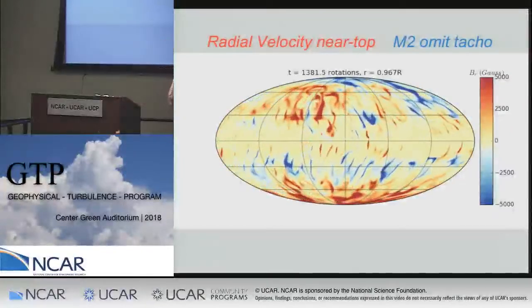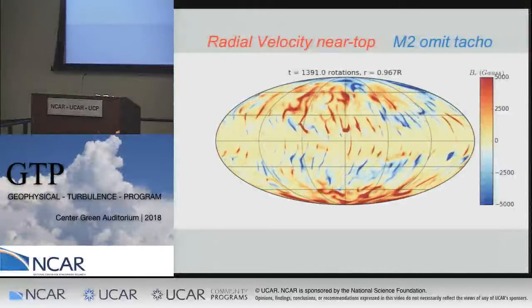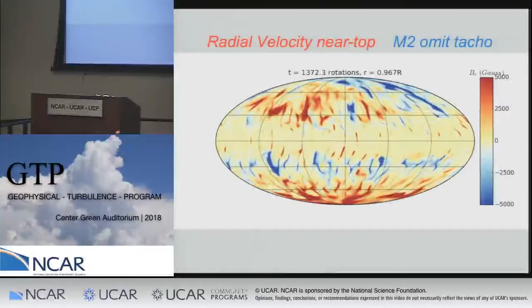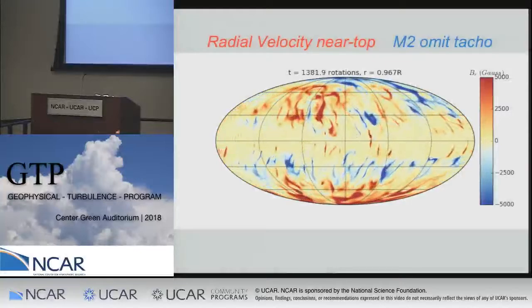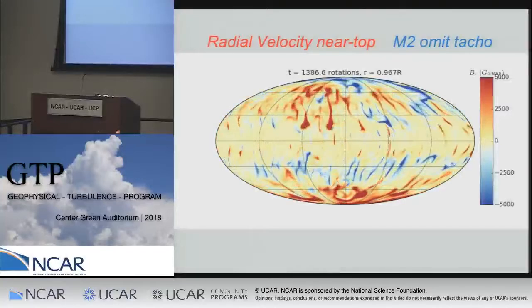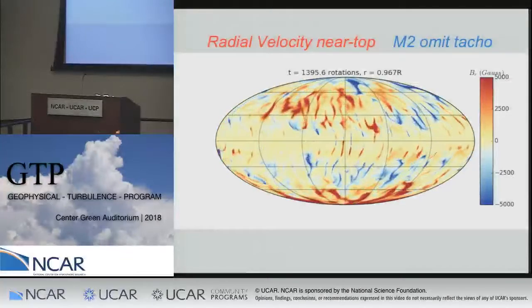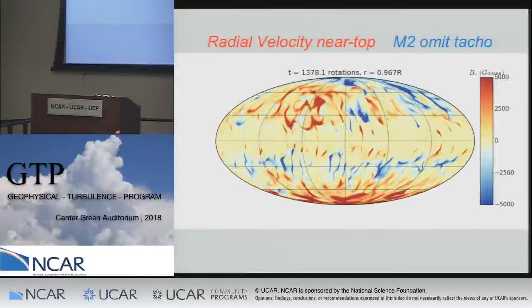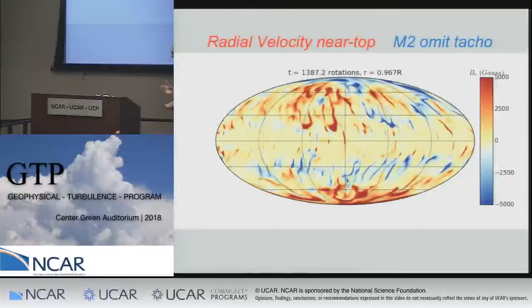If, on the other hand, we march to near the top of our solutions and ask, well, what do the radial velocities look like? Well, there are a fair amount of structures that at low latitudes look somewhat like banana cells, and other related fairly fast downflows and upflows in the higher latitude regions. So this happens to be one where we omit the tachocline.